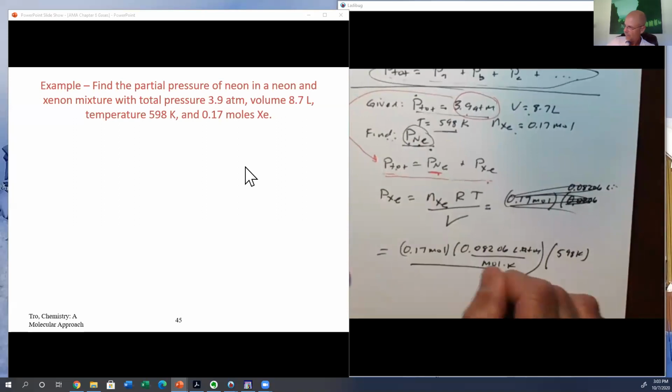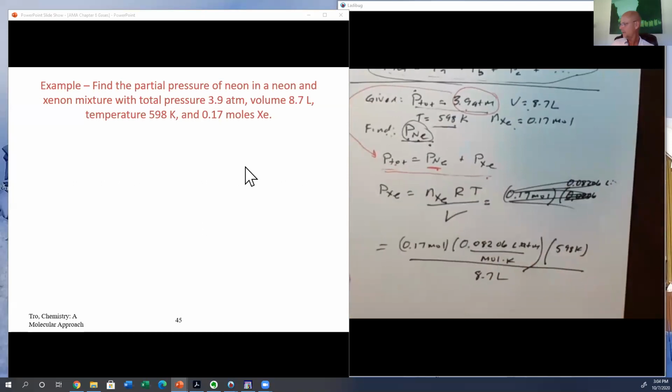Then we divide all of that by the volume, 8.7 liters.